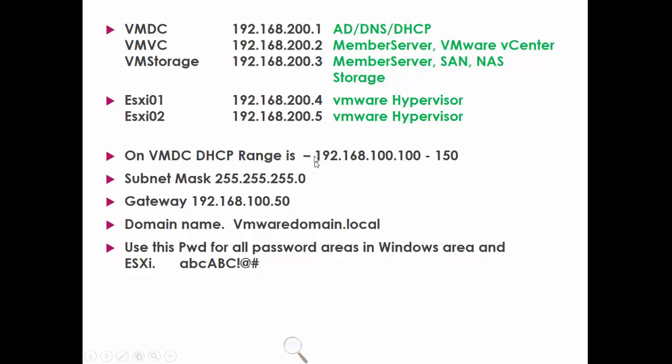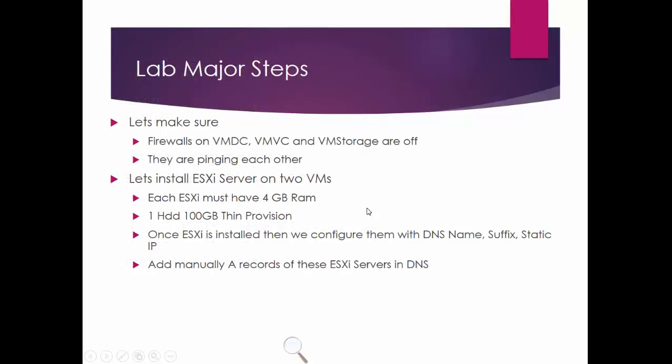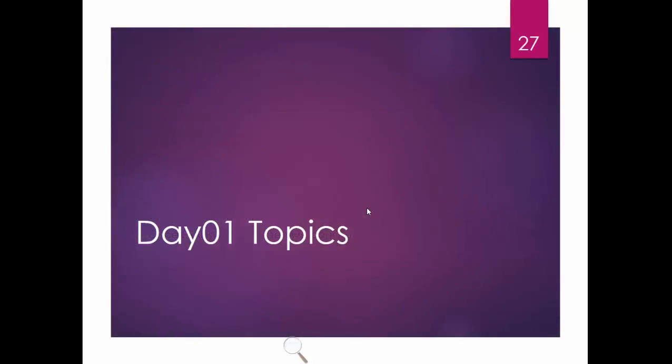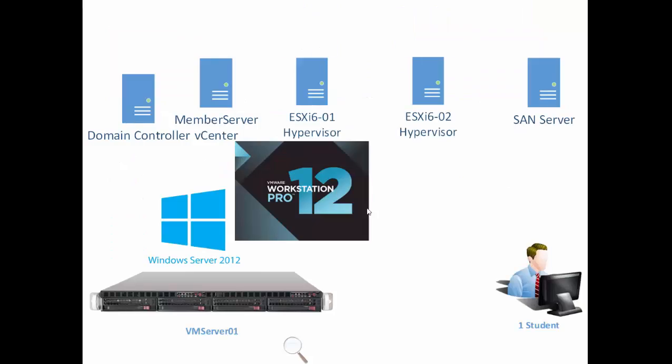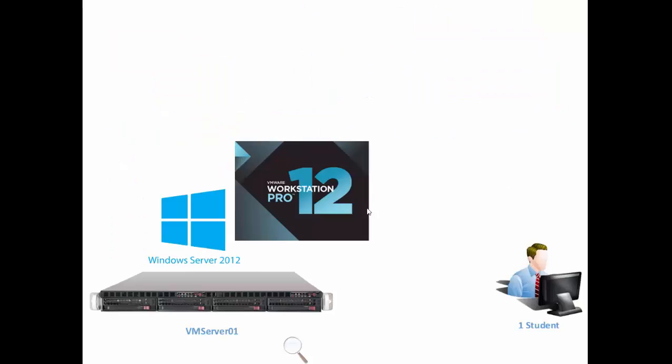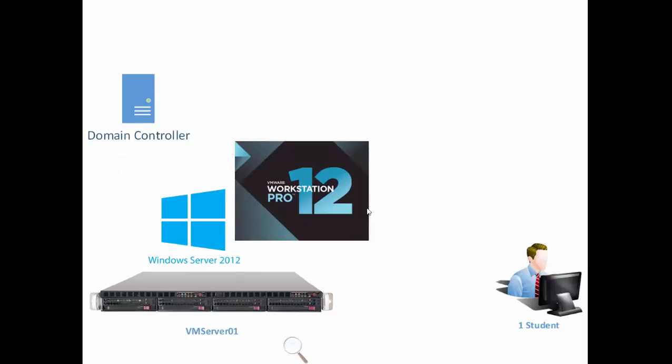So this is the basic configuration of our machines here, and I can just go ahead. We can start creating our basic machines. Right now what we have is this VMware Workstation Pro. We're going to go for the first machine, second machine, installation of Windows 2012 with some best practices, so we don't lose that environment later.